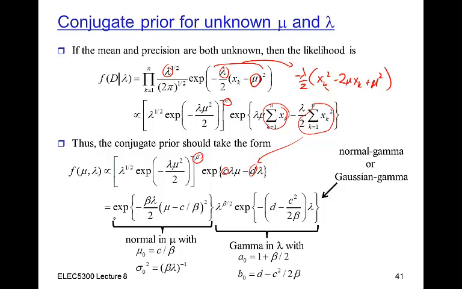And so we call this distribution the normal gamma or the Gaussian gamma because it's kind of a combination of those two. And intuitively this should make sense to you because remember when we were just trying to estimate the mean, we knew that the conjugate prior for the mean was a Gaussian. And when we were just trying to estimate the precision, we knew that the conjugate prior for that was a gamma. And so this is some kind of combination of those two.